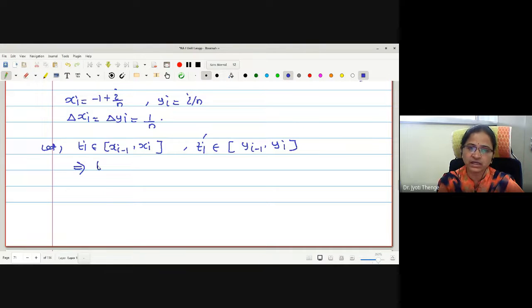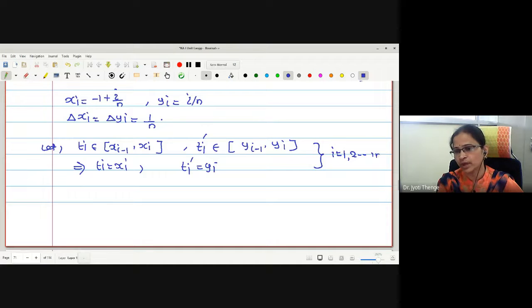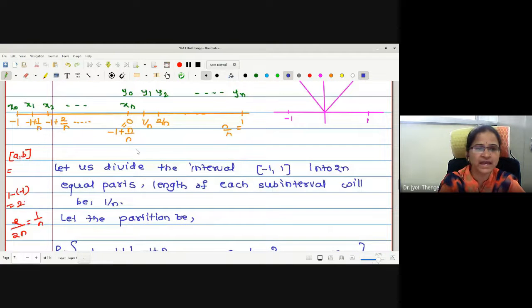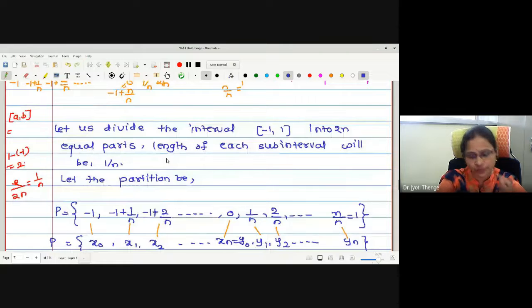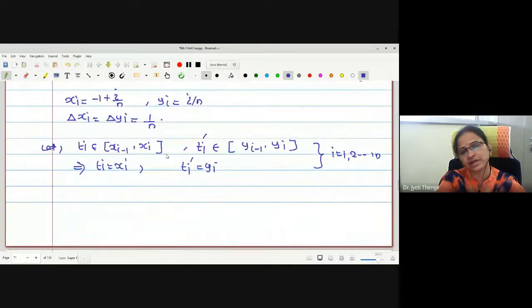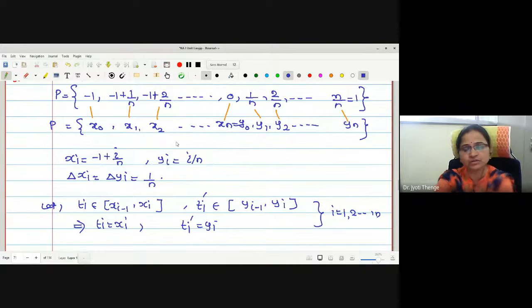We take Ti as xi and Ti dash as yi, for all i equals 1 to n. That means in the first interval this is my T1, this is T2; the second endpoint of every subinterval we have selected. Up to this, any difficulty? If you have, you can ask me. Otherwise, we will write the Riemann sum directly. Any difficulty in the partition?